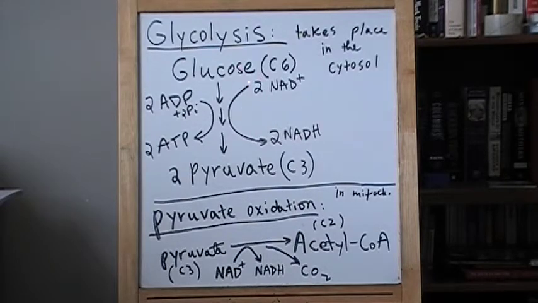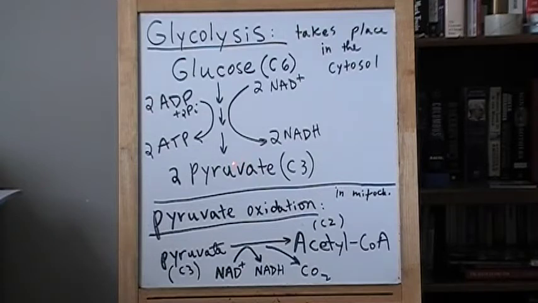Overall, you get two NADH formed, and there's also a net production of two ATP molecules from two ADPs and two inorganic phosphates. And because glucose is 6 carbons, from each glucose you get 2 pyruvate, because the pyruvate is 3 carbons. And that's really all you need to know about glycolysis.